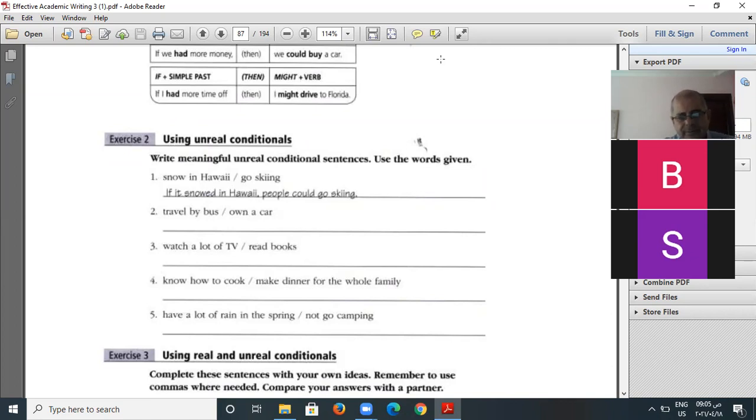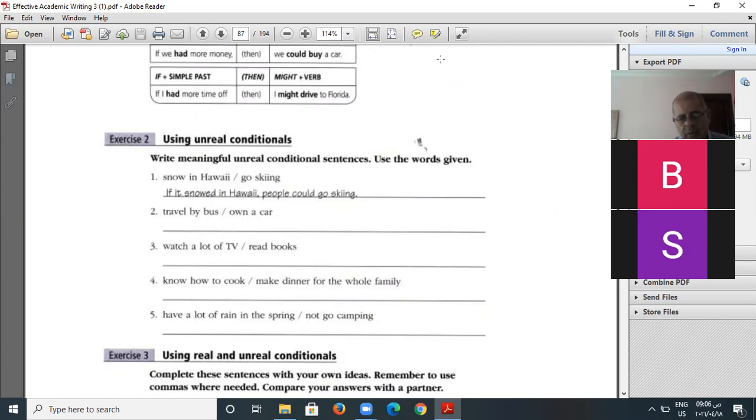Okay, next. If I know how to cook, I could make dinner for the whole family. Or I could make dinner for the whole family if I know how to cook, without a comma. No, here we said we use simple past.